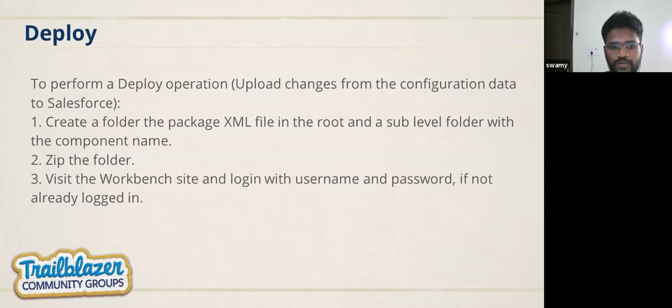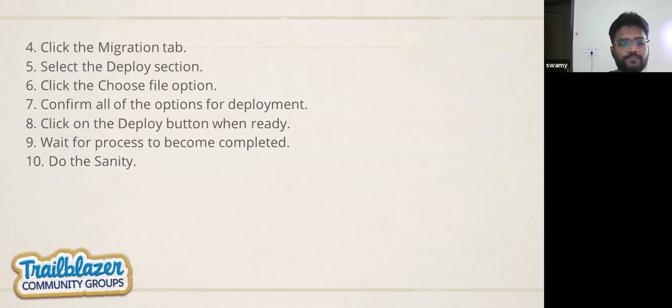But before uploading, you have to log in with your production credentials, go to the migration tab, select deploy, and choose the zip file that you downloaded in step 1. You have to select a few options there. There are a few options like retrieve only, deploy only, and rollback on error is one of them.